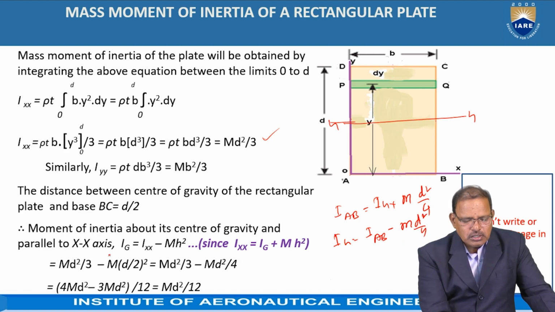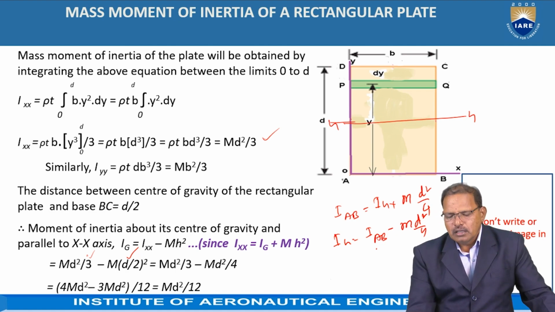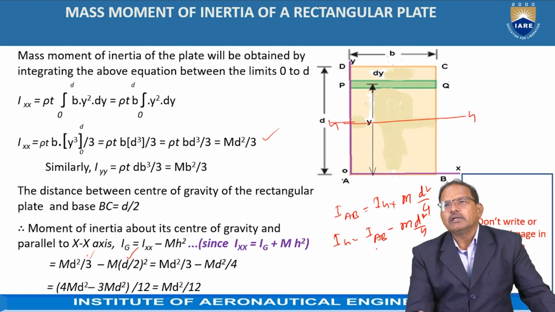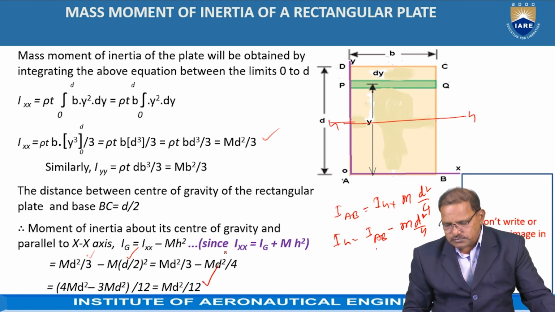From this equation, IG is equal to md square by 3 minus md square by 4. By using the relationship, the moment of inertia of the rectangular plate about its central gravity axis is given by md square by 12.